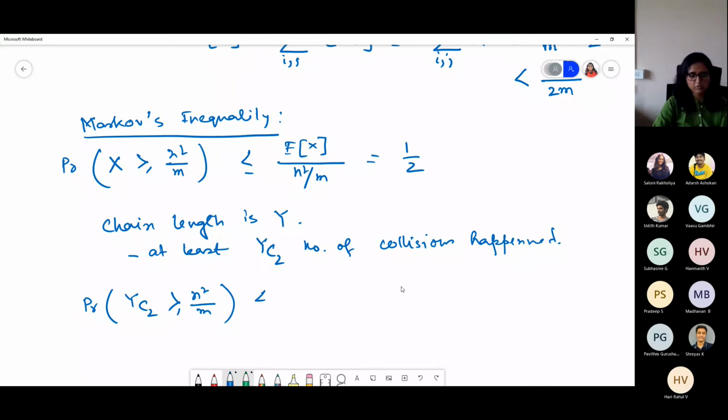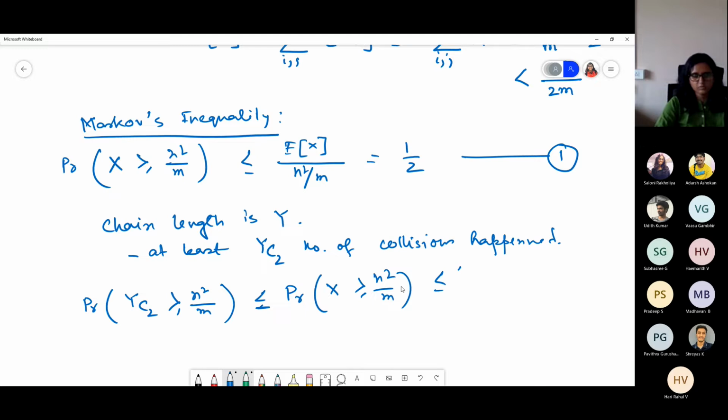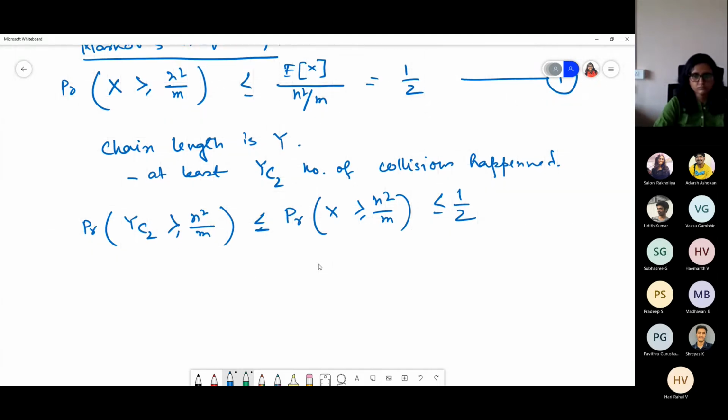This will be less than or equal to the total number of collisions probability, that is probability of x greater than or equal to n square by n, that is less than or equal to half. Now yC2 means what? y into y minus 1 by 2, right? So that is y square minus y by 2.